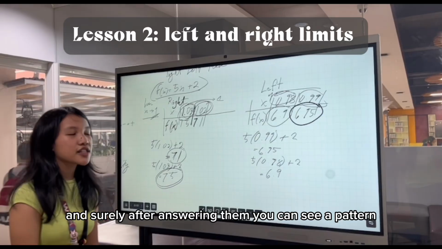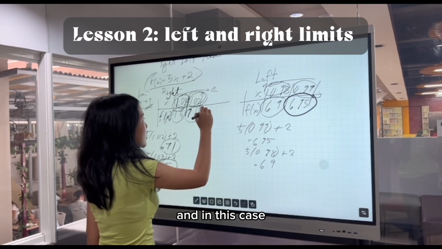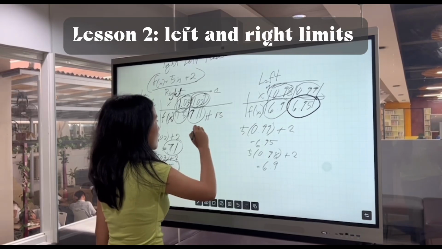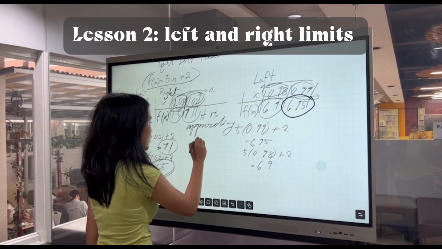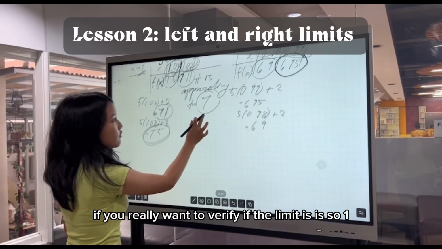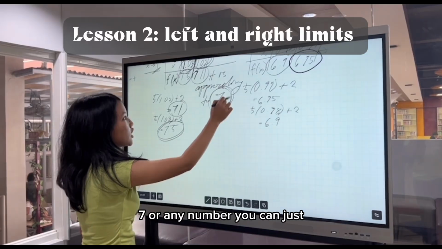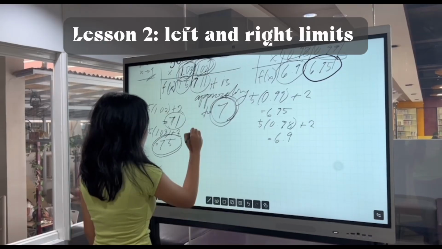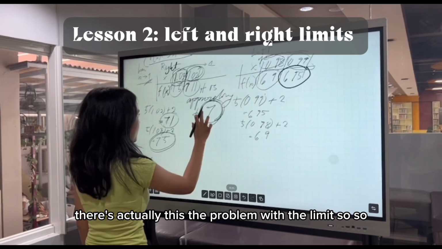And surely after answering them, you can see a pattern. And in this case, it is approaching 7. If you really want to verify if the limit is 7, or any number, you can just direct substitute the limit into the problem.